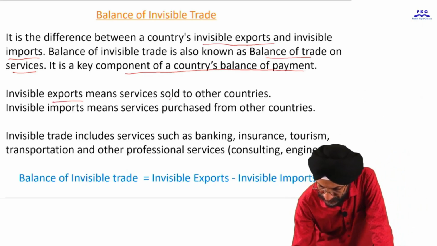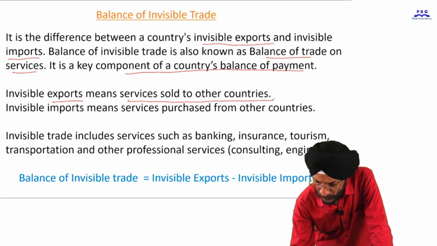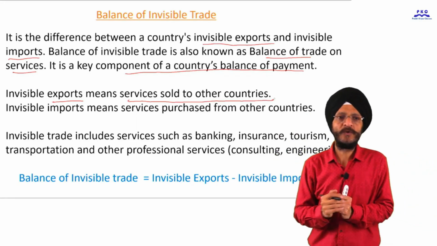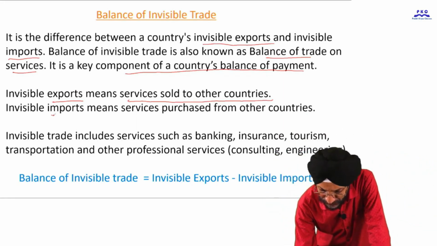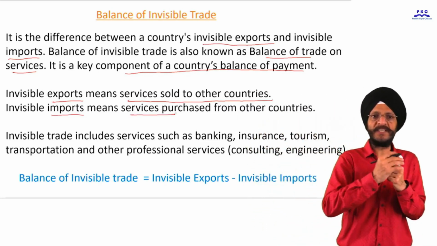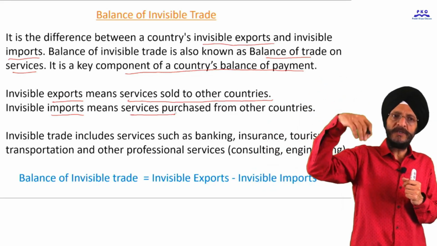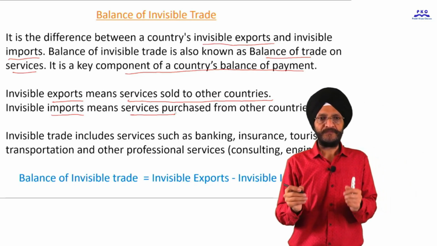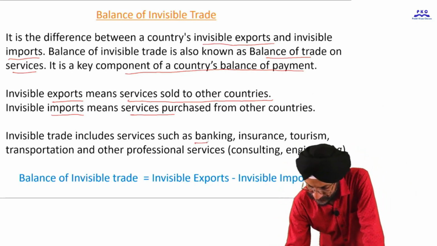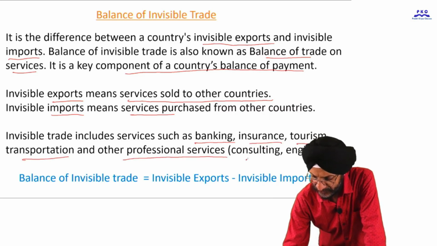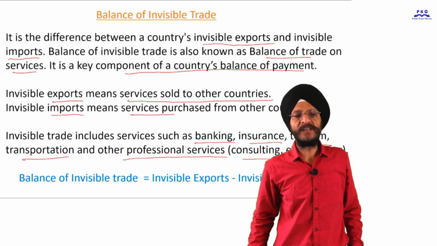Invisible exports means services sold or provided to rest of the world or other countries. On the other hand, invisible imports means services taken or purchased from rest of the world or other countries. Examples of invisible trade are services such as banking, insurance, tourism, transportation, other professional services such as consulting, engineering.